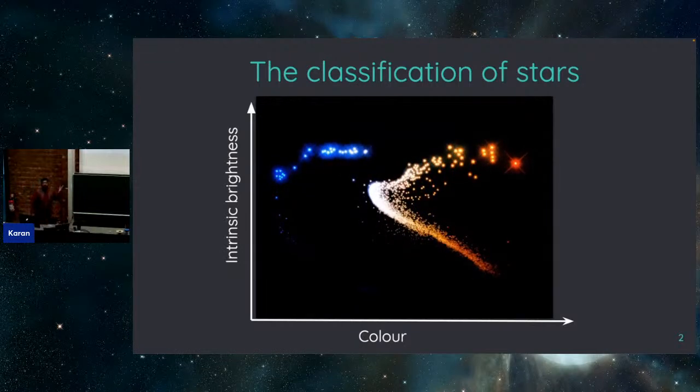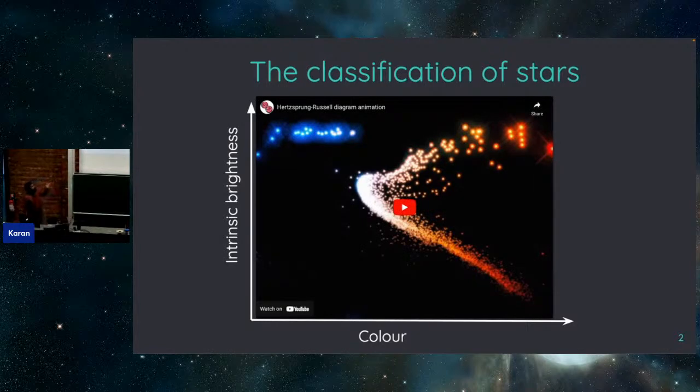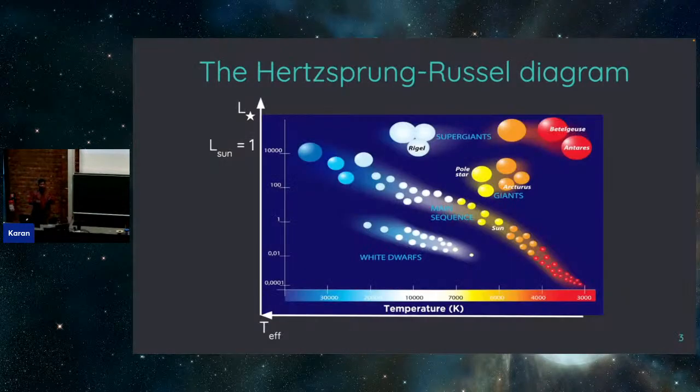We use this to look at stars and to study their evolution. This is called the Hertzsprung-Russell diagram, named after Hertzsprung and Russell. On the x-axis, instead of color, we have temperature, since color represents the temperature of a star. And on the y-axis, the intrinsic brightness is represented by the luminosity. The scale is such that our sun is over here, at 1.